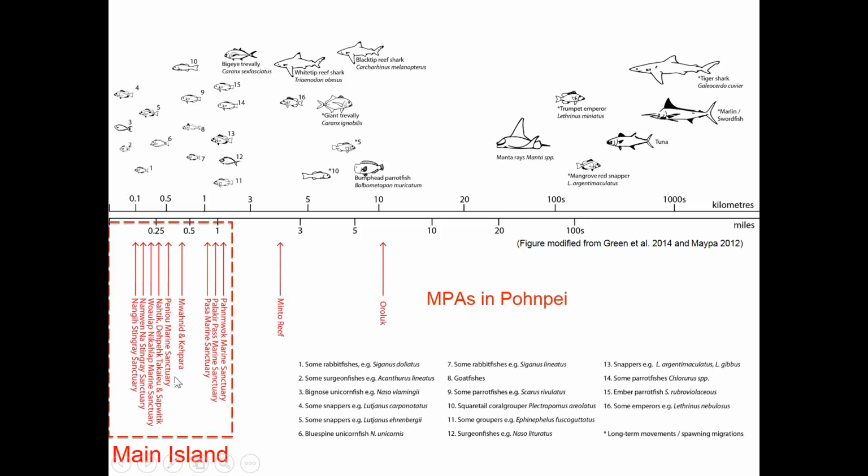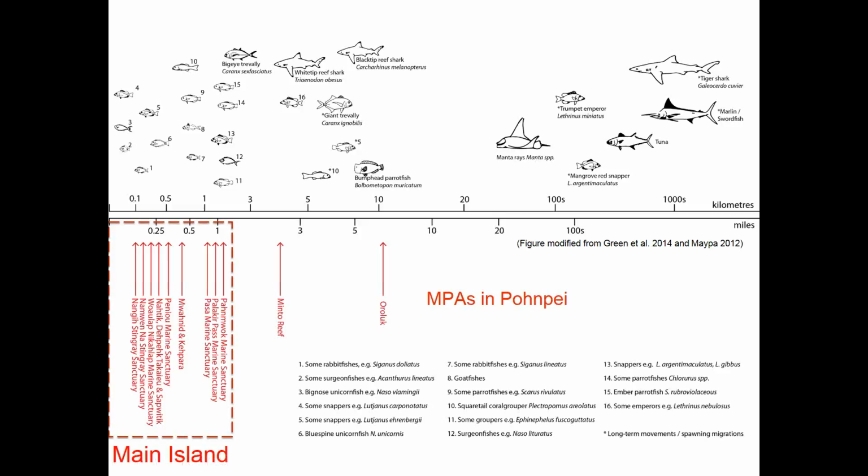If you look, these red numbers here are the names of all the existing MPAs around the main island of Ponape, and you can see most of them are quite small, less than a mile across, and so they only protect a small subset of the species that they care about in Ponape. And that includes the proposed Palakia Pass, which was also quite tiny and wasn't going to protect many species. There are two other areas in the remote atolls which are much bigger, but they're effectively not enforced, so we're not sure how effective they are.